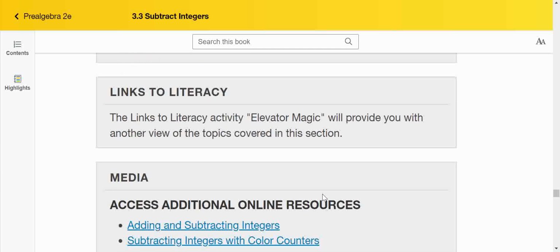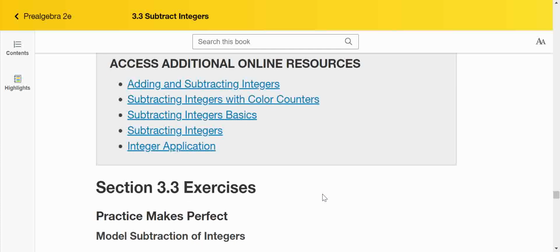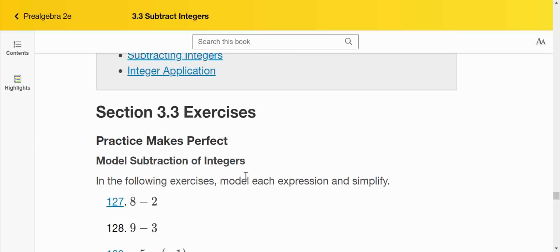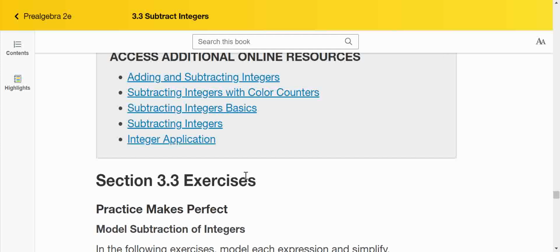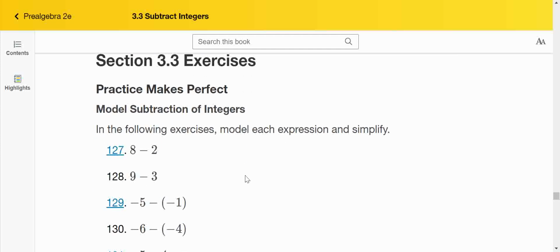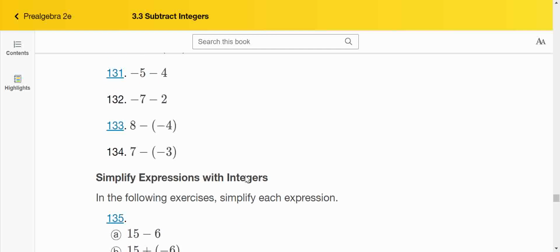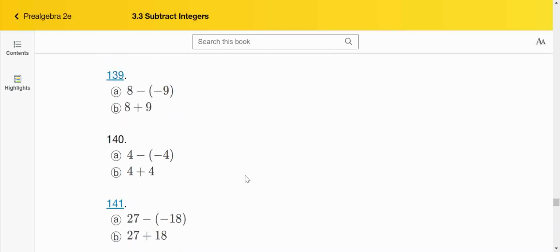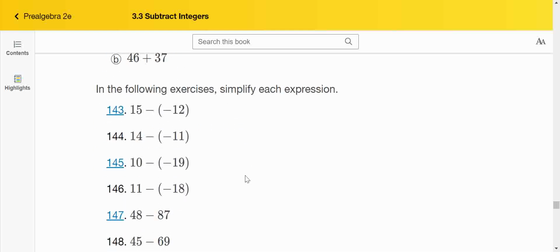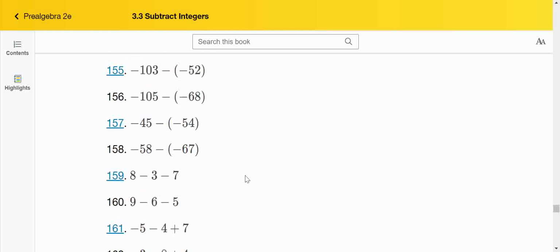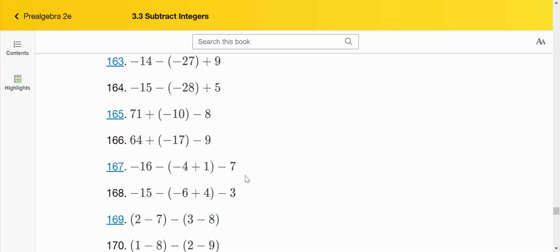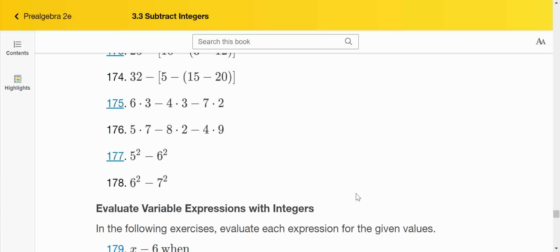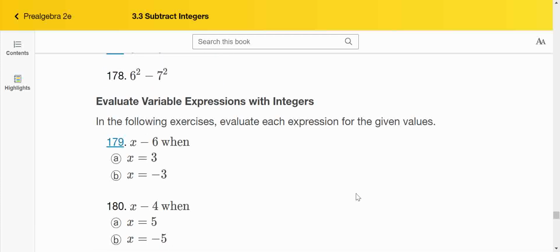And this is chapter 3.3. We have some section 3.3 exercises, some resources above, and as usual, I recommend that you practice some of these problems to get familiarity. You don't have to memorize the numbers, but I think it's important to get comfortable with the patterns and the forms.